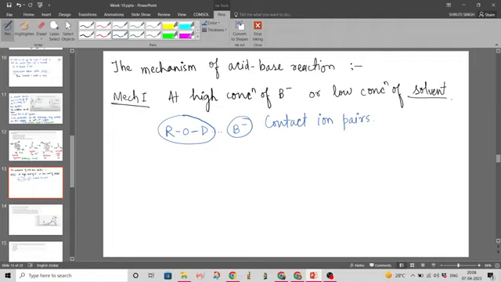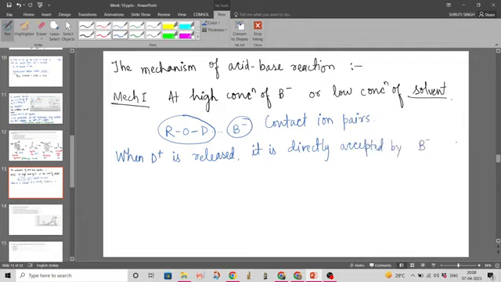Okay, so when this D plus is released, it is directly accepted by B minus, and immediately RO minus and DB is formed.